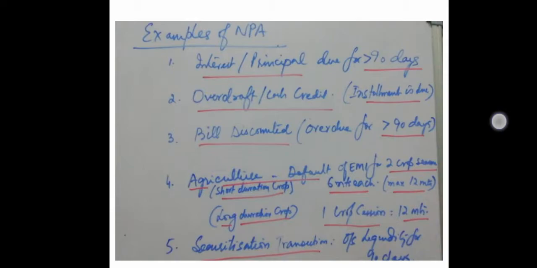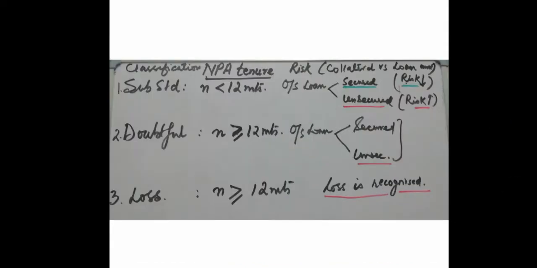In such a case, if your investment is not giving you returns for a continuous period of 90 days, meaning you're not able to get your fixed or variable returns from this type of structured product for a continuous period of 90 days, then you have to declare it as an NPA. These are certain examples of NPA, and now we'll go into the further categorization, how these types of sub categorization of NPA are considered risky.